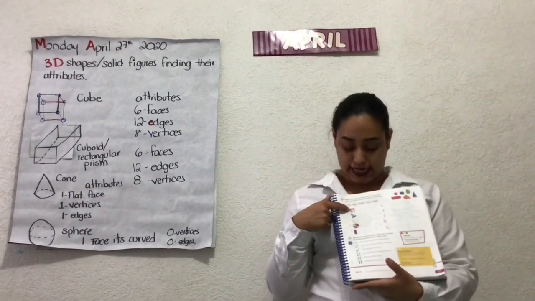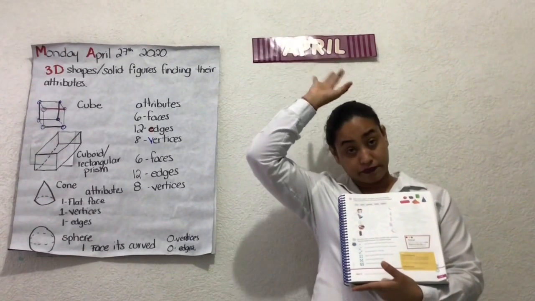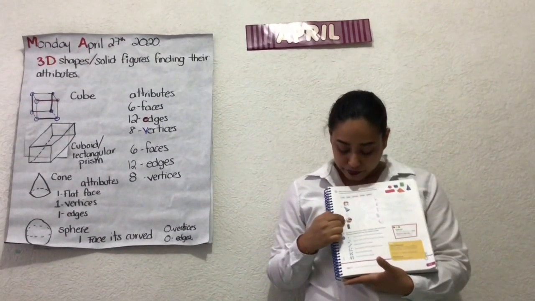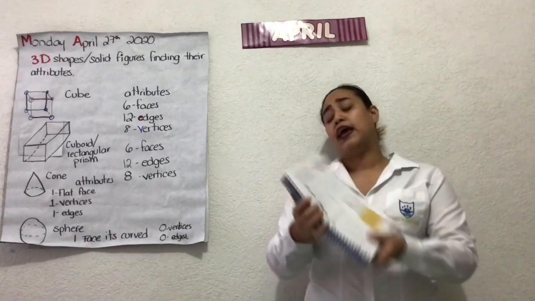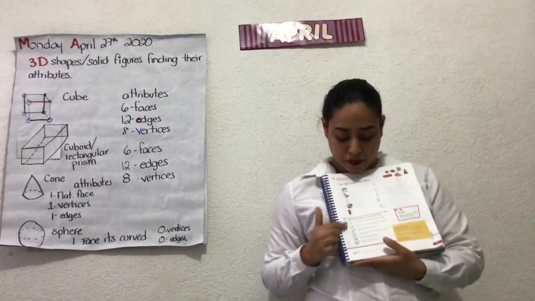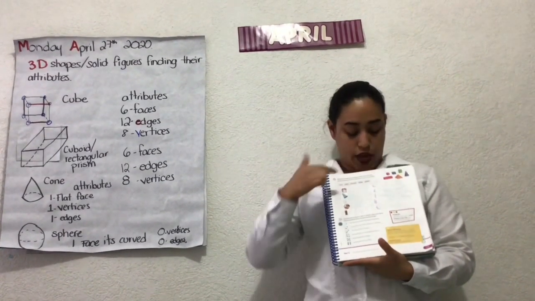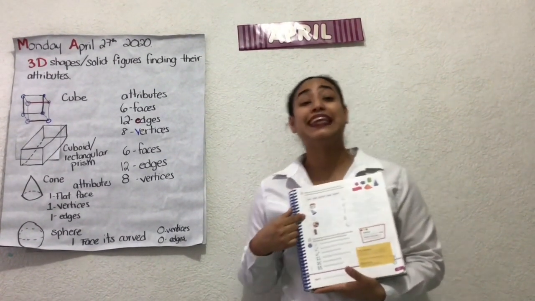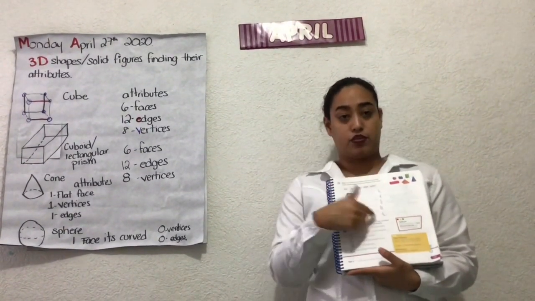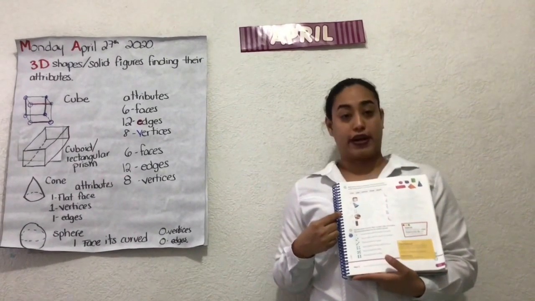You have a present, a party hat, a glass of water, a ball, and a juice box, okay? You have to match them to the one that you believe it is. All right, guys, so which one do you think makes up each one? We're going to try and figure it out, okay?